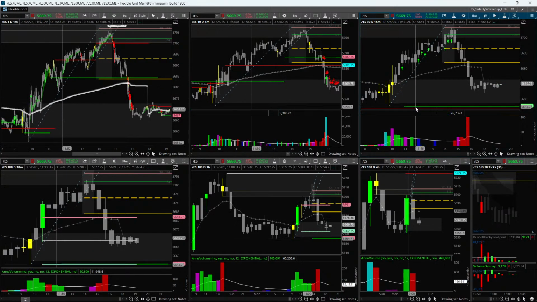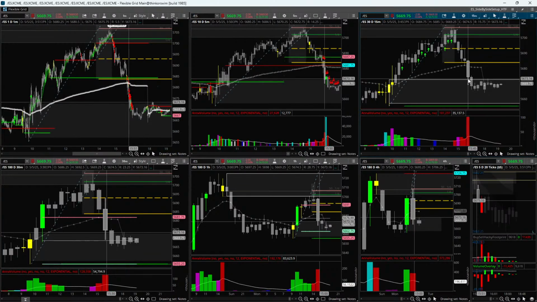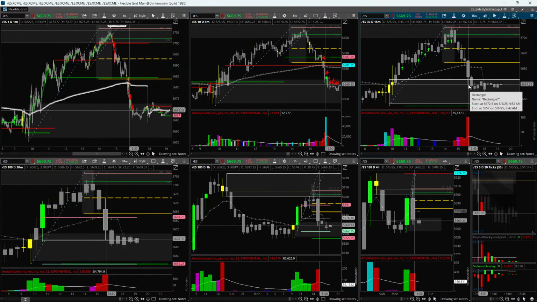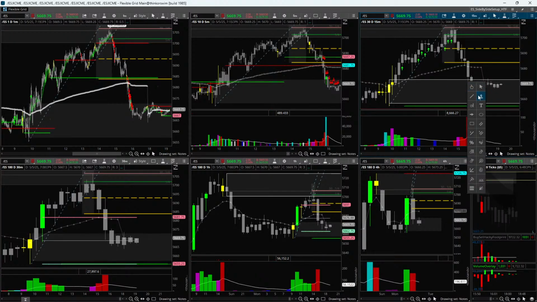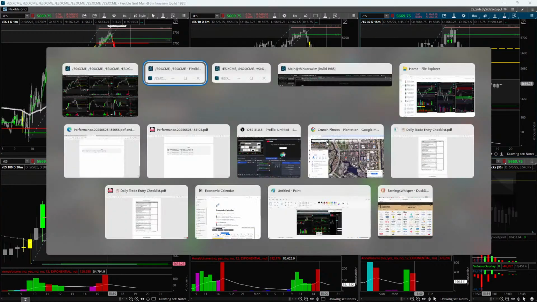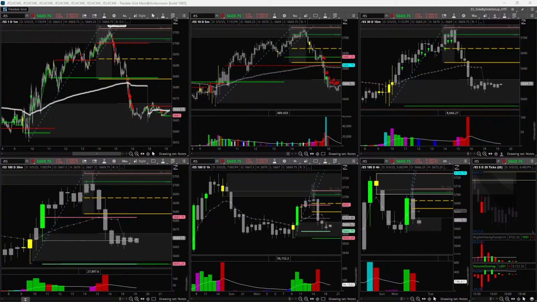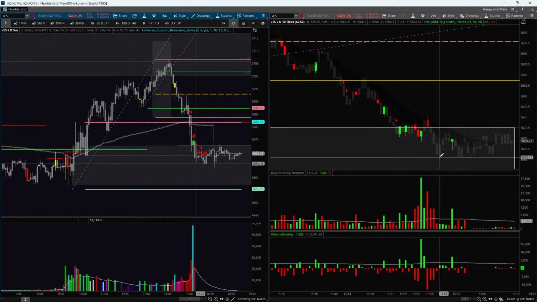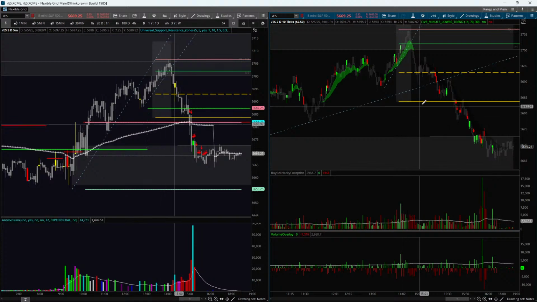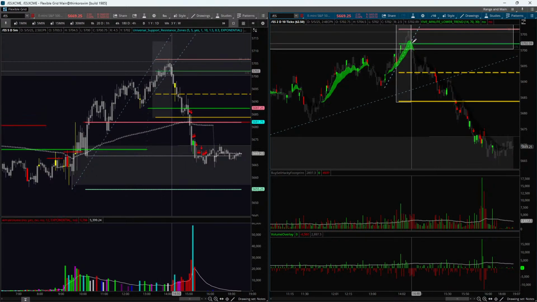Alright. Yep, that one. So right here would have been an entry. So we go to that. Yeah, this would have been a nice trade, and I probably would have wanted to just let this thing run.